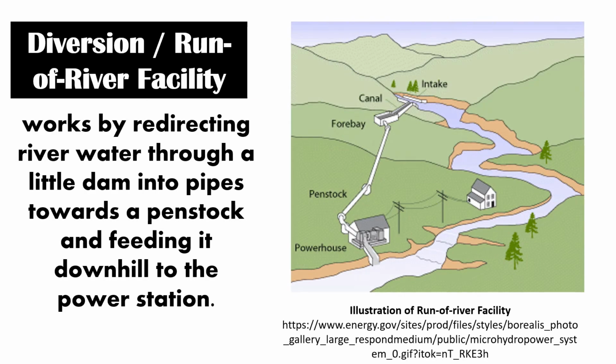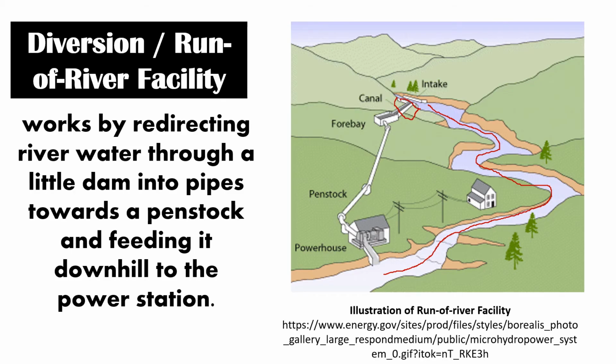Next one is the diversion or run-of-river facility. So in this type of hydropower plant, it works by redirecting river water through a little dam into pipes towards a penstock and feeding it downhill to the power station. So ang ginagawa lang dito is that you will have a river, you will not get that water directly from the flow of river, but you will be attaching a facility dito sa river.